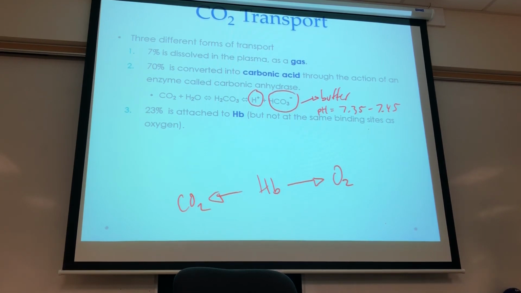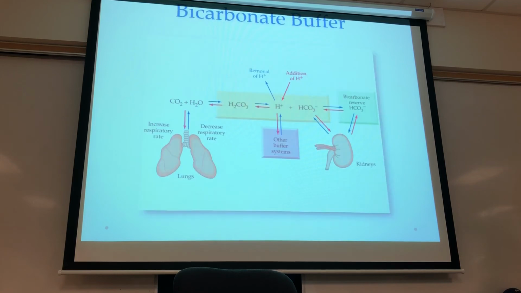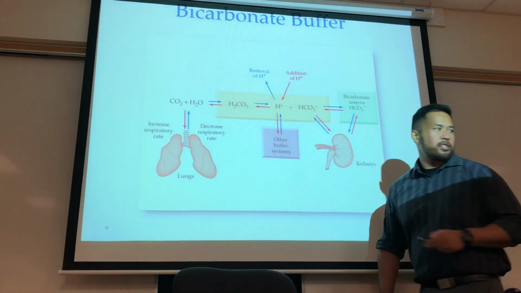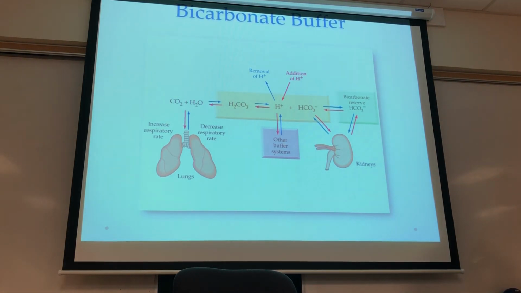We'll talk about how that plays a role in unloading of O2 with the competing CO2. The last slide I want to leave you guys with is a bicarbonate buffer. So how do we create this bicarbonate buffer? Our CO2 and H2O, again, when we increase or decrease our respiratory rate is how we account for the amount of CO2 in our blood.